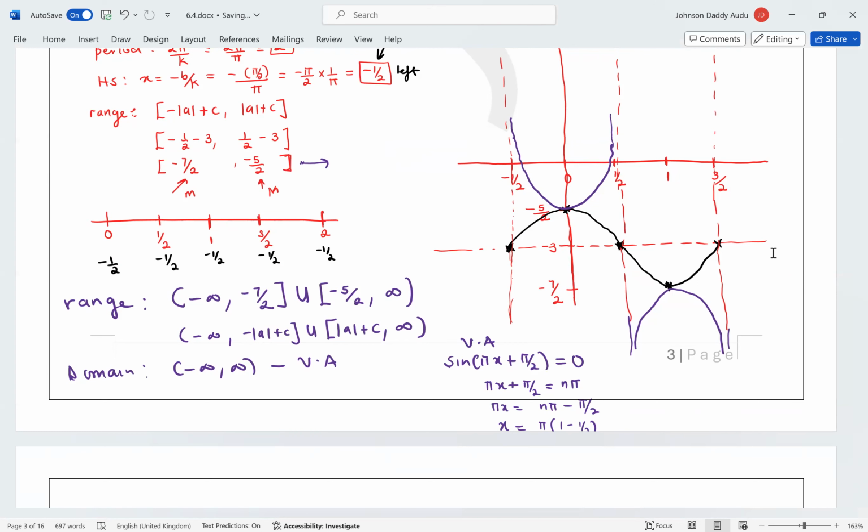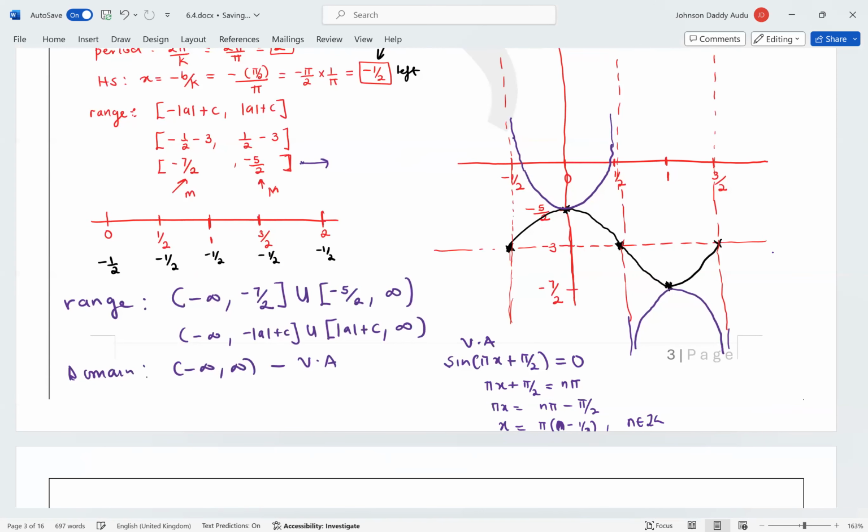And then you can use this to be the general. But here, since we want to generalize, let's generalize it. So this is just going to be n minus half. Yes, but what is n? n has to be any integer.